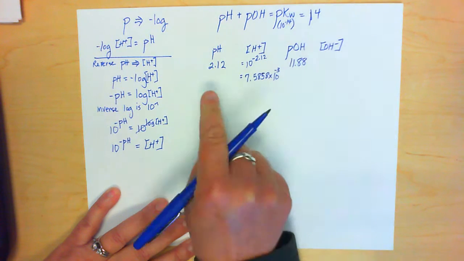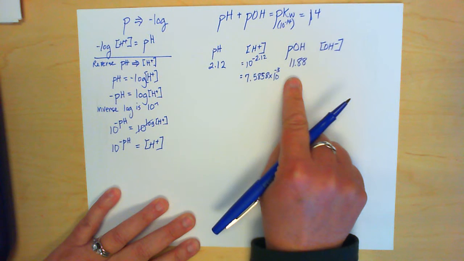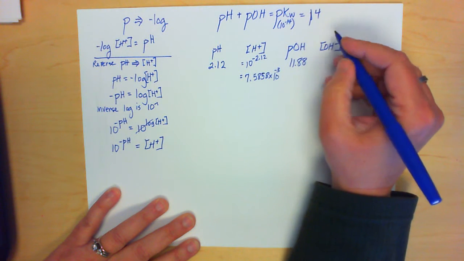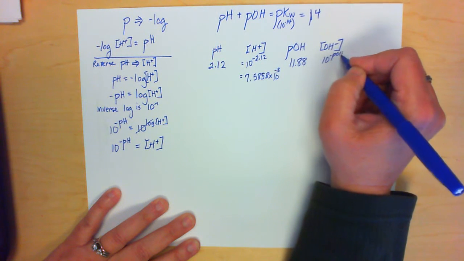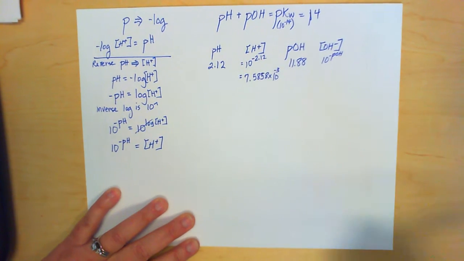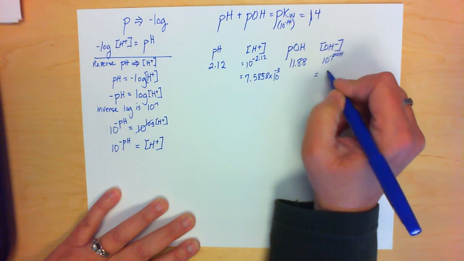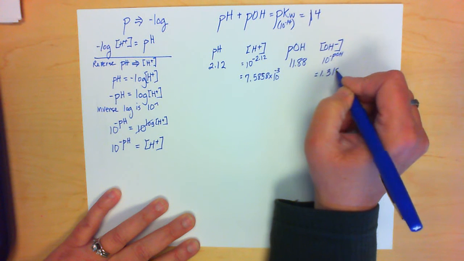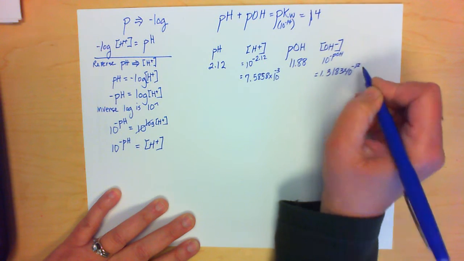If the pH is 2.12, then the pOH is 11.88. That means my hydroxide ion concentration is going to be 10 to the negative pOH. If we run the math, we're going to get 1.3183 times 10 to the minus 12th.